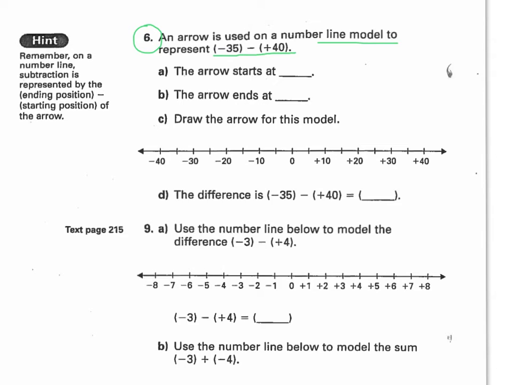Okay, let's see how you did. The arrow starts at +40. The arrow ends at -35. And this is how we model it. +40, and we're going to draw it to -35.